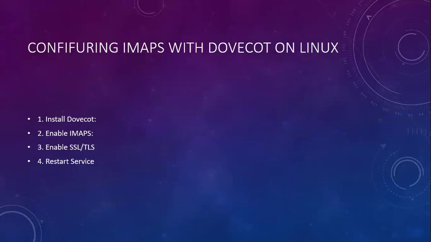Configuring IMAPS with Dovecot on Linux. So the steps, I didn't include all the commands that you would need to put in it. For the first one, you would first install Dovecot, then you would have to enable IMAPS.